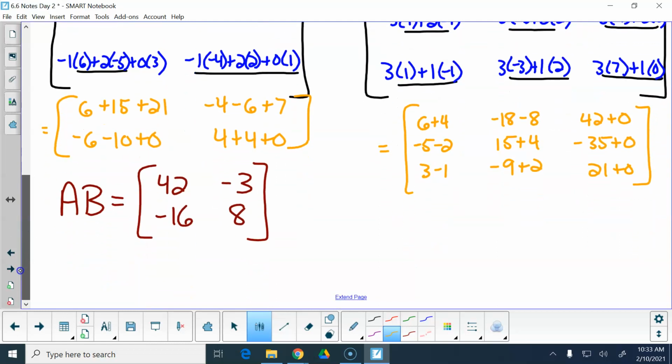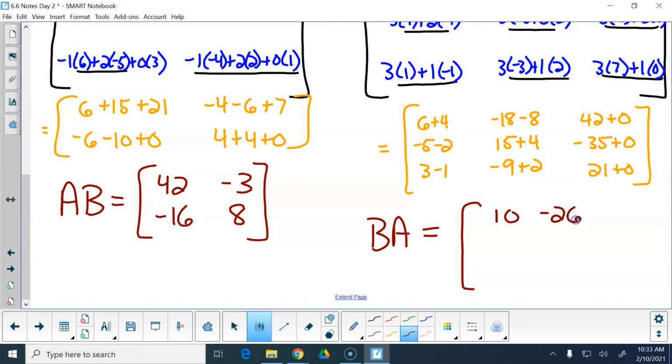So that gives us matrix BA of 10, negative 26, and 42, negative 7, 19, negative 35, 2, negative 7, and 20.